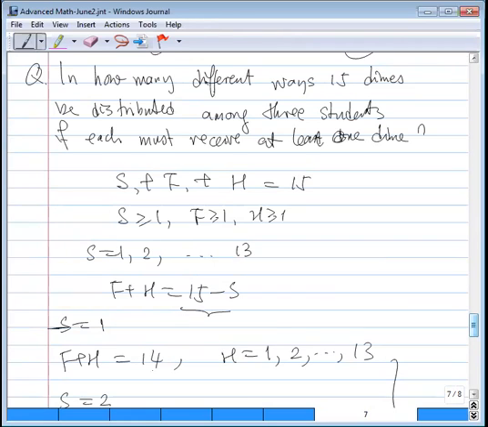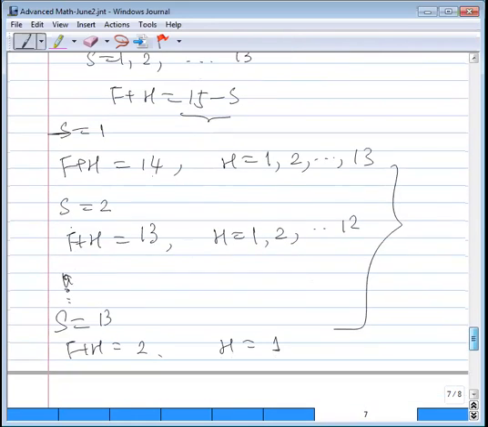Then you increase the value of S, and you will see the pattern of how this decreases. So you have 13 rows, and the number of ways decreases from 13 to 1, and you add them together.